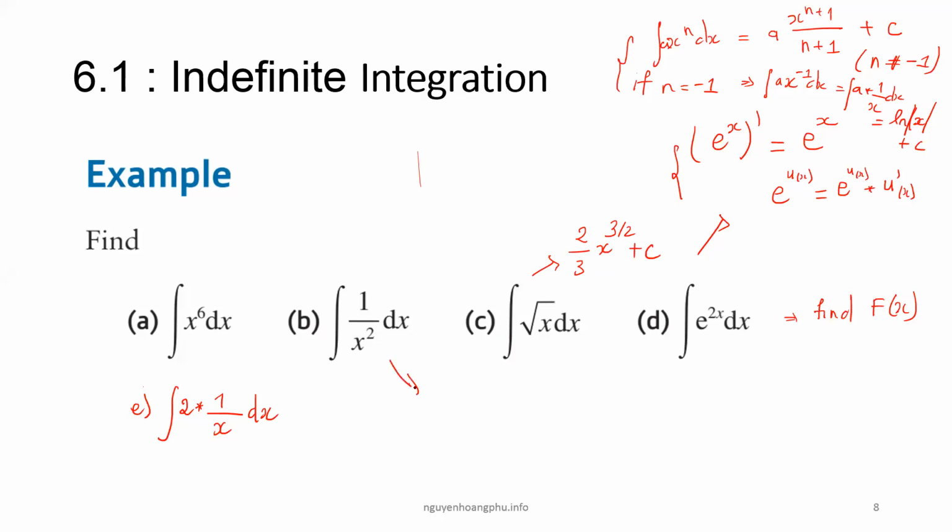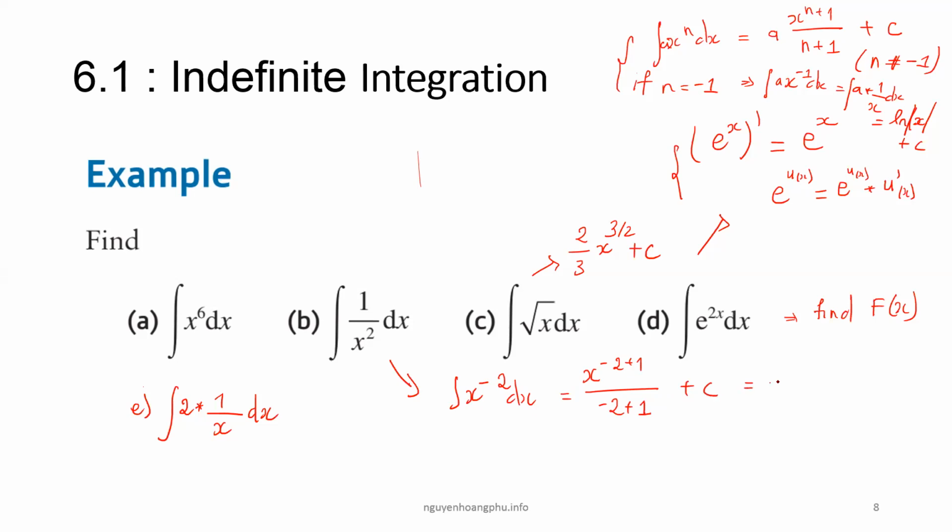So for this case, we will have x^(-2) dx, right? So you will have x^(-2+1) divided by -2+1, plus c.